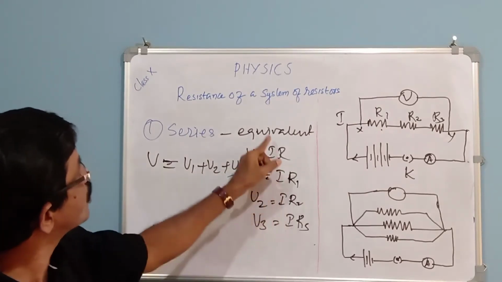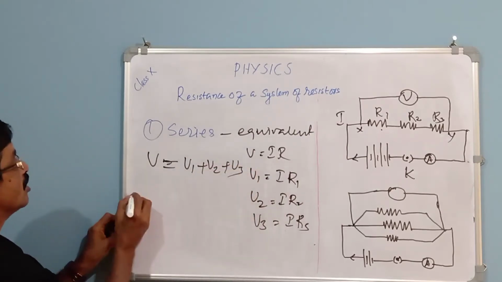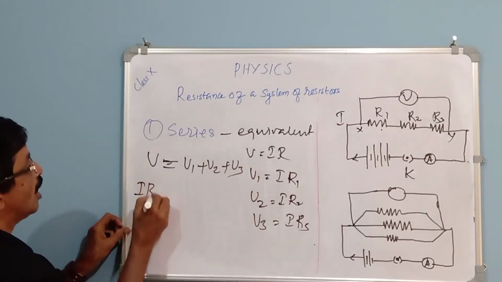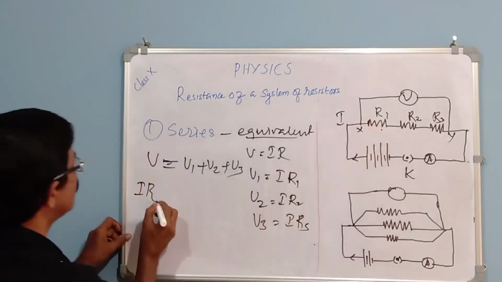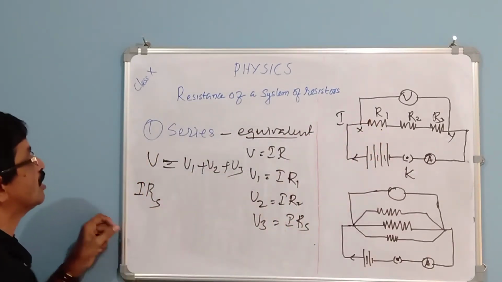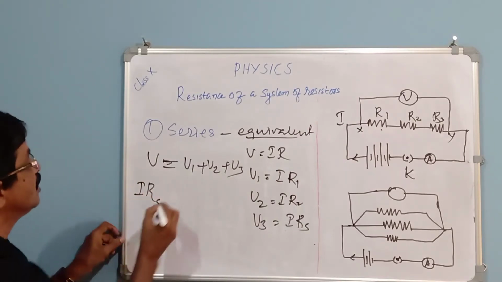Putting these values, V is equal to IR, where R is the equivalent resistance of these three resistors. Since they are connected in series, we write it as I Rs, with S for series.